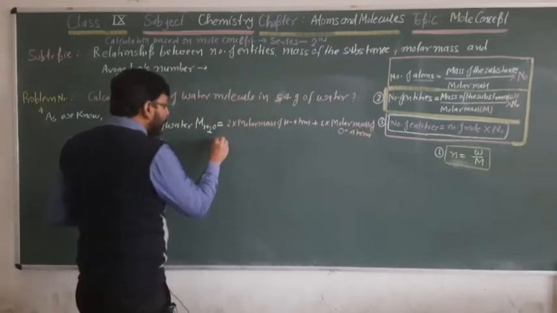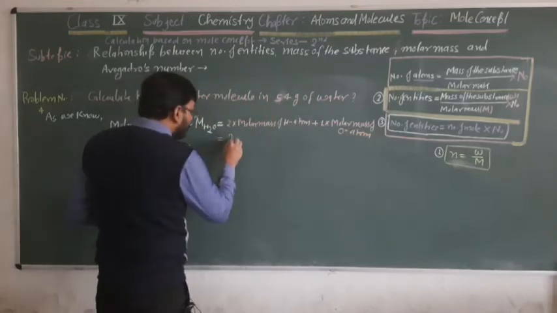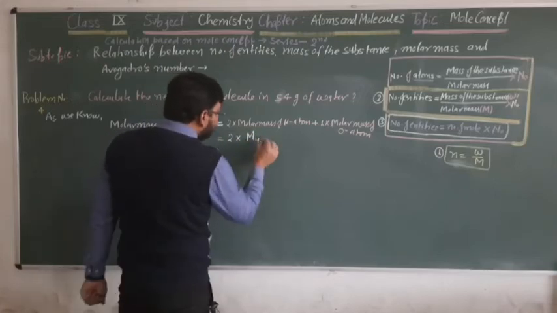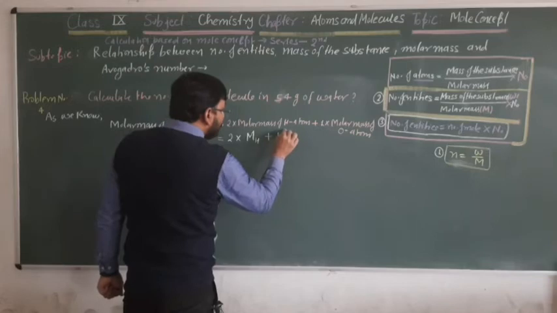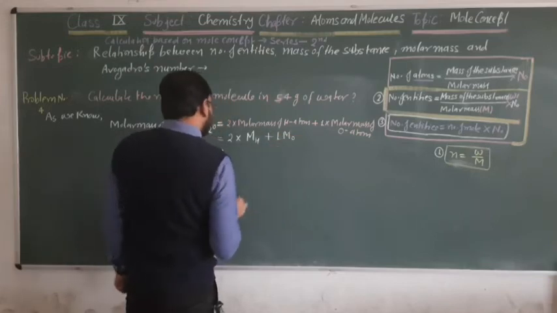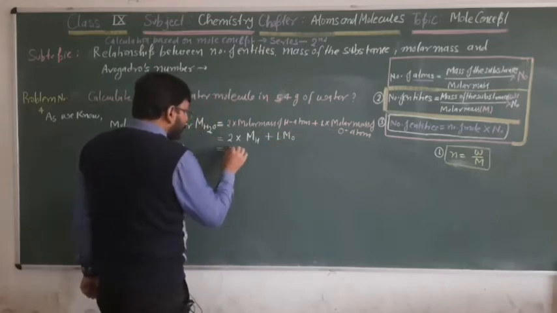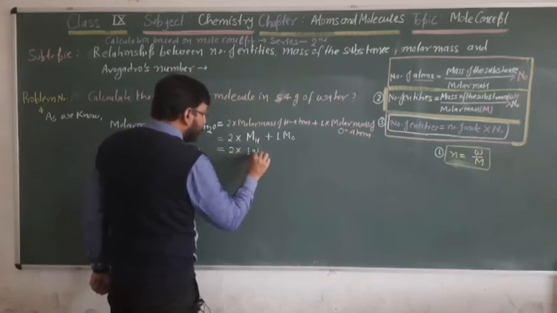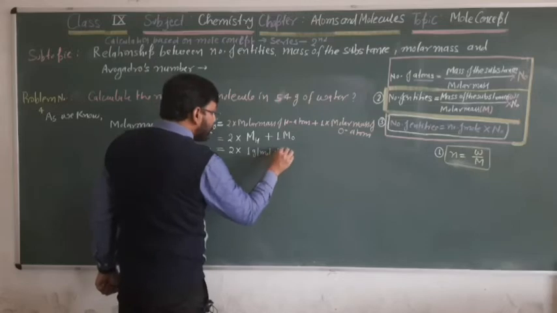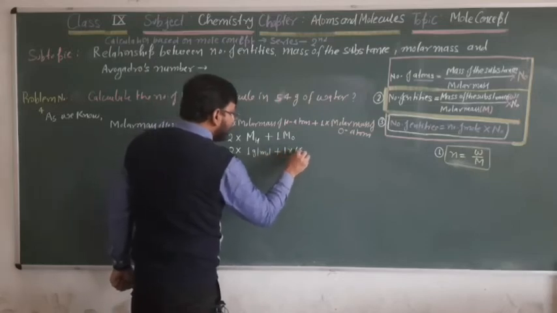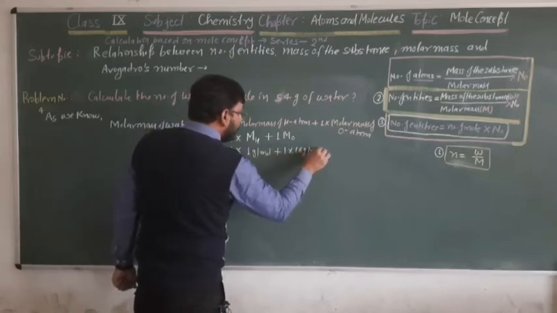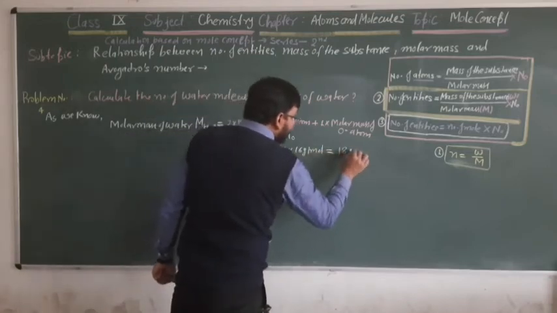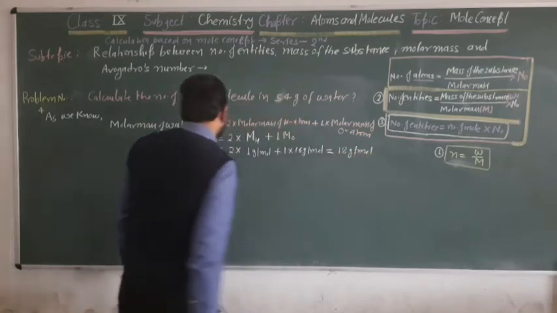In short, you can write it as 2 into molar mass of hydrogen plus 1 into molar mass of oxygen. You can write, there is no problem. 2 into molar mass of hydrogen, which is 1 gram per mole, plus 1 into 16 gram per mole. So overall we will get 18 gram per mole.